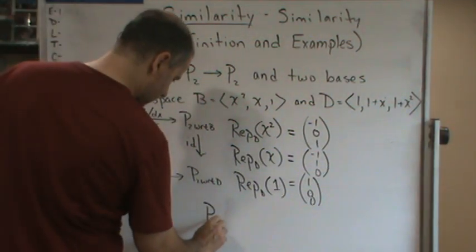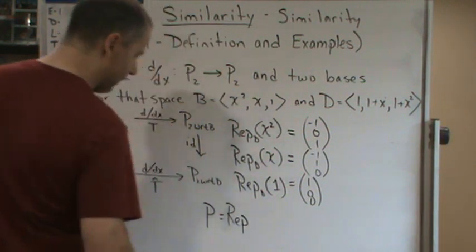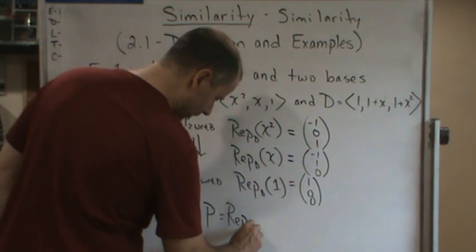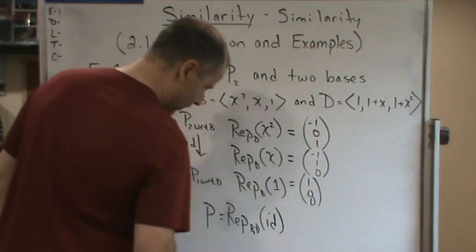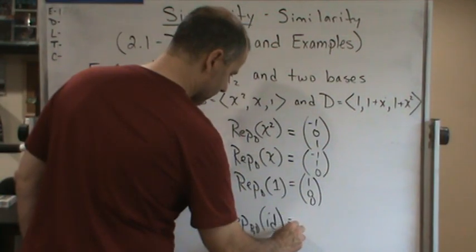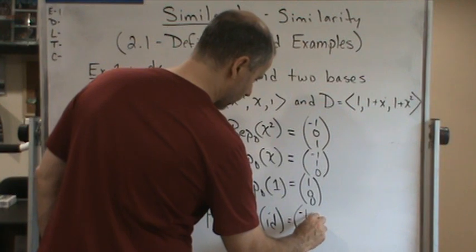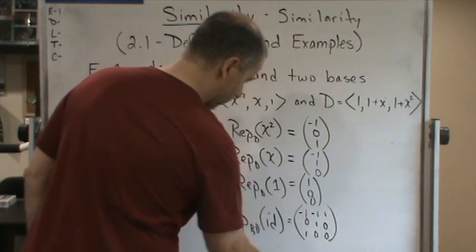So P is equal to the representation with respect to B comma D of the identity, and this is going to be the matrix negative 1, 0, 1, negative 1, 1, 0, 1, 0, 0.